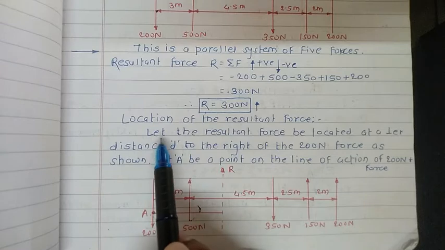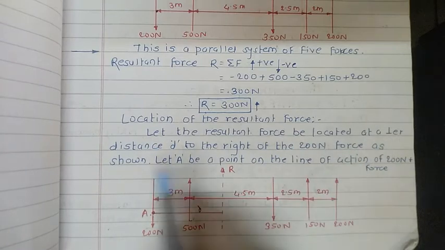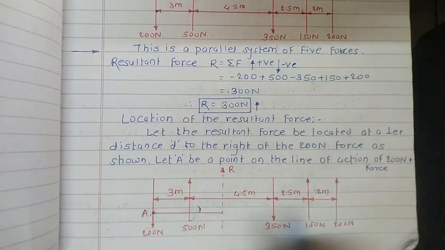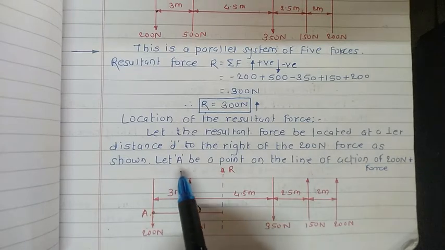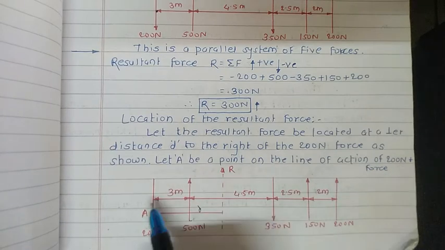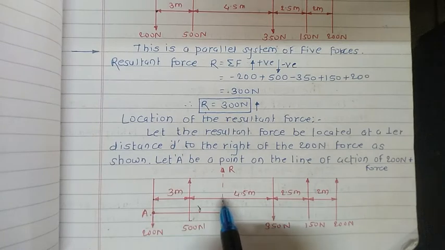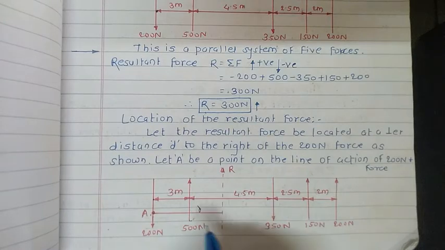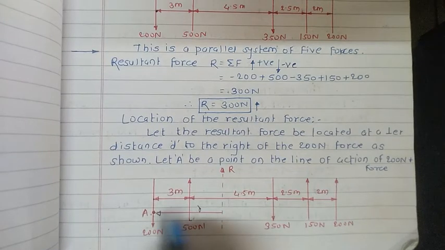Let the resultant force be located at a perpendicular distance d to the right of the 200 Newton force as shown in the figure. Let A be the point on the line of action of the 200 Newton force. So here is point A about which you have to locate this resultant force. This resultant force is located at some distance, which I will call the distance d.